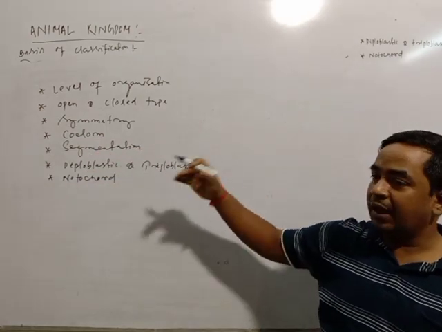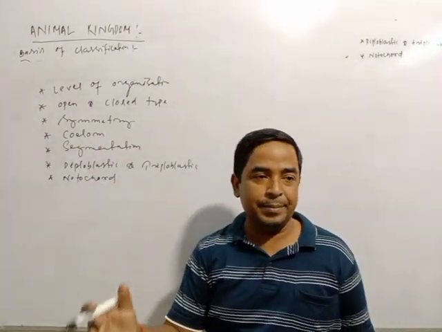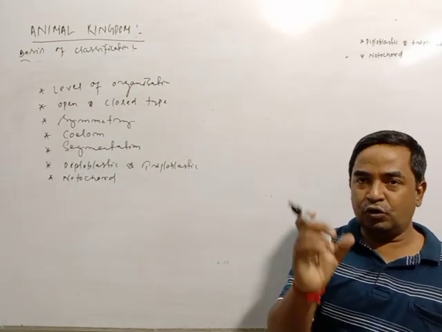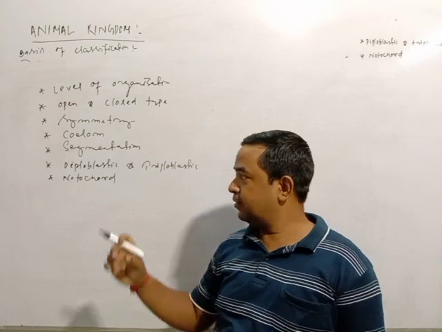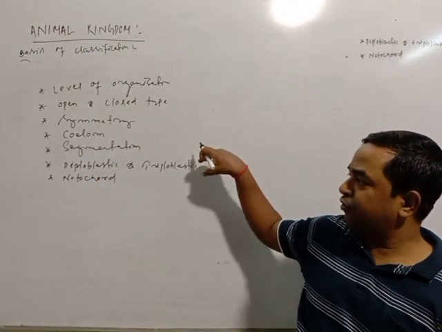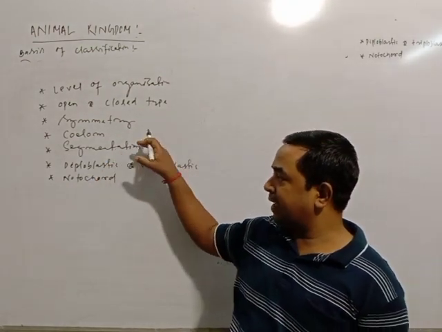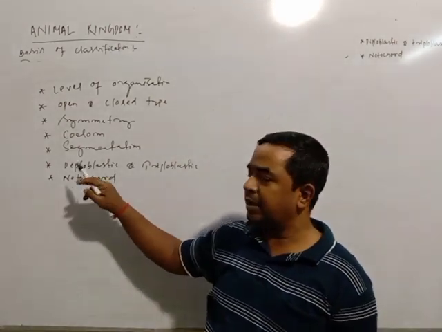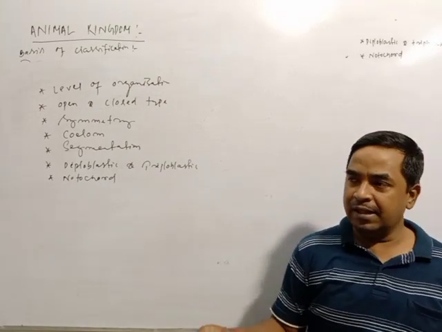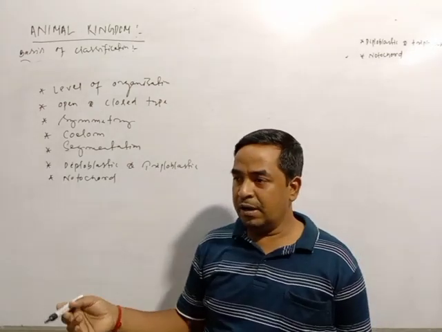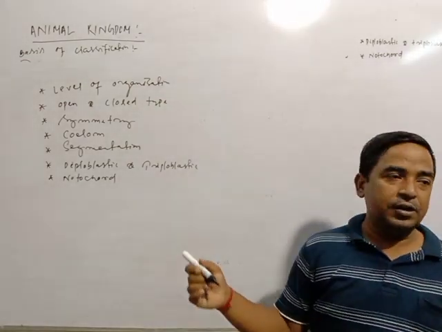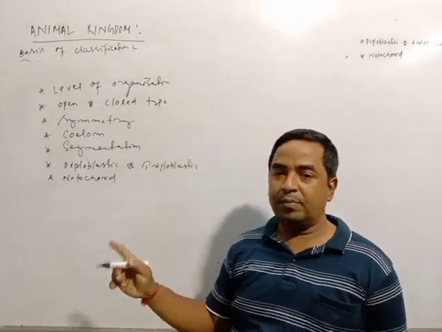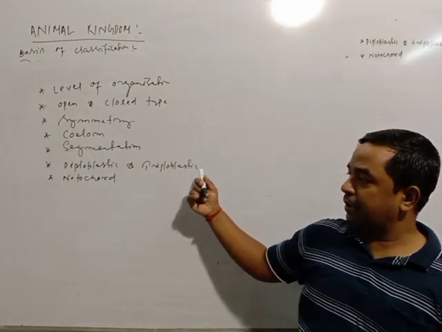Then segmentation: the body is repeatedly divided externally and internally into different blocks, forming metameres separated from each other by septa. Then diploblastic organisms have two germ layers, ectoderm and endoderm, and those with ectoderm, endoderm and mesoderm are triploblastic.